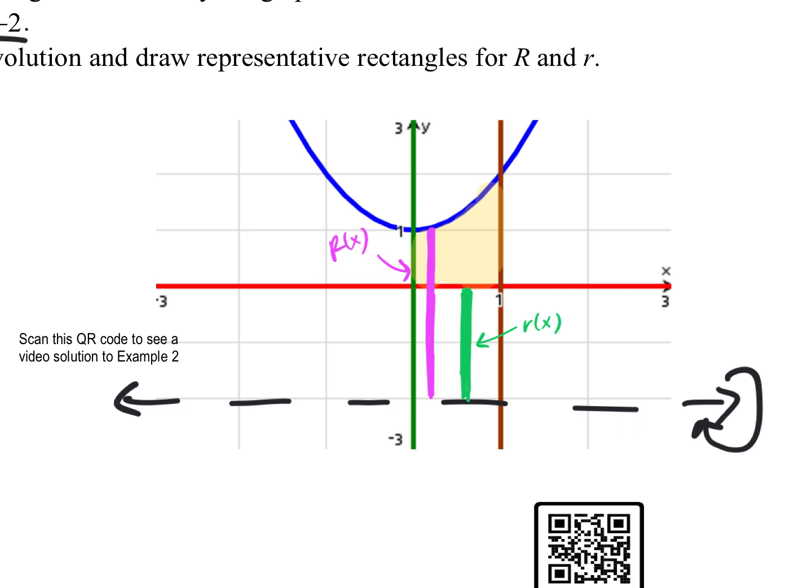Now, do I need two separate pieces for this one? No, because this is always going to be my big R of x, and this will always be my little r of x. So there is no need for two here. We only have one to do.